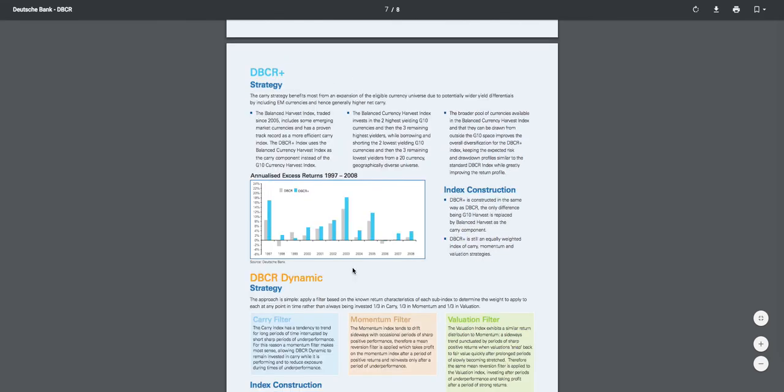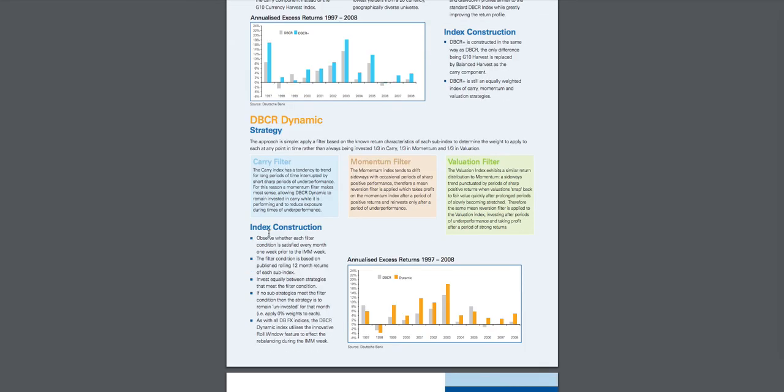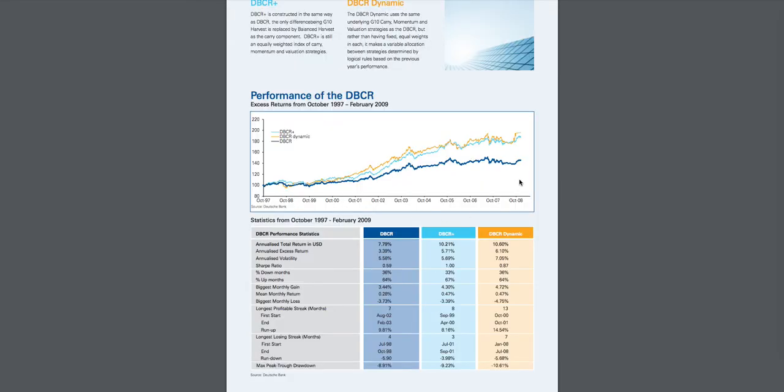So these are the other versions of the index for the DBCR. The DBCR Plus is really just including emerging market currencies. And by including these emerging market currencies, it consistently performs better. So if we look at the light blue line compared to the dark blue, the Sharpe ratio is almost twice as good if you include emerging market currencies.